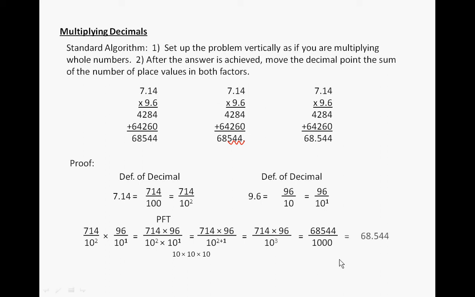So that is where 68,544 thousandths becomes 68 and 544 thousandths. And you can put an or, because either one of these answers is correct. So that's why I changed the equal sign to an or, because it's the same thing.